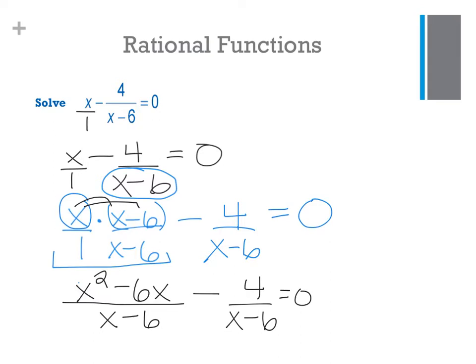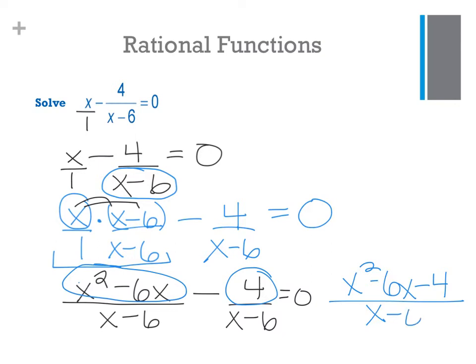Now, because I have a common denominator of x minus 6 for both fractions, I can go ahead and subtract the numerators. So I have x squared minus 6x and then minus 4, which gives me x squared minus 6x minus 4 all over x minus 6, which is equal to 0.